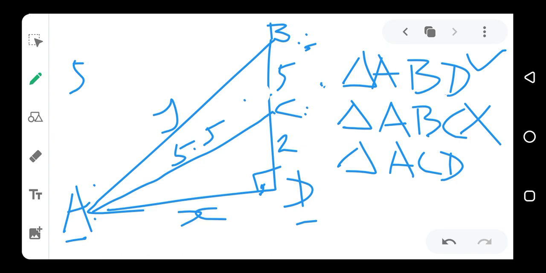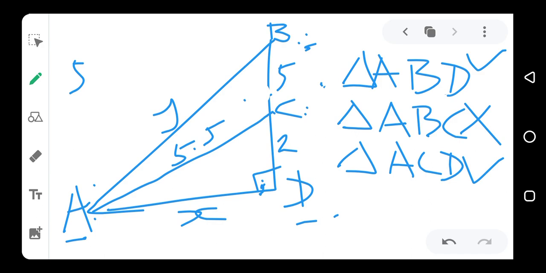Now, triangle ACD is a right-angled triangle again. So we have two right-angled triangles inside this triangle. Now for triangle ABD, how many sides are known?